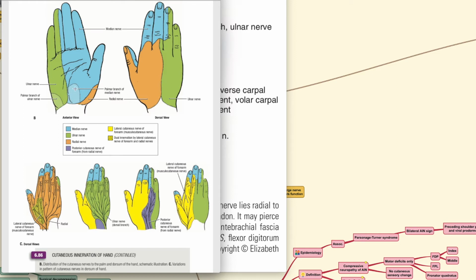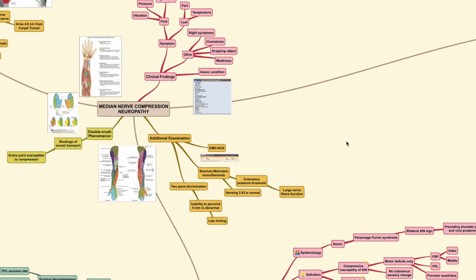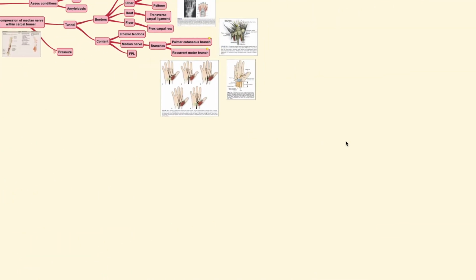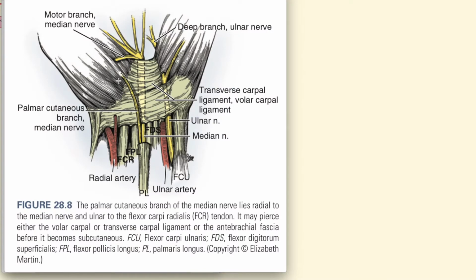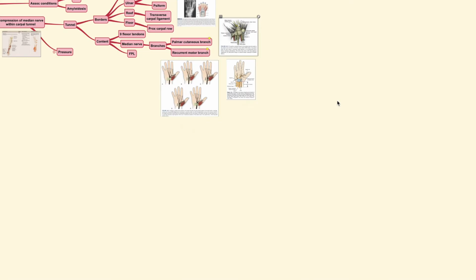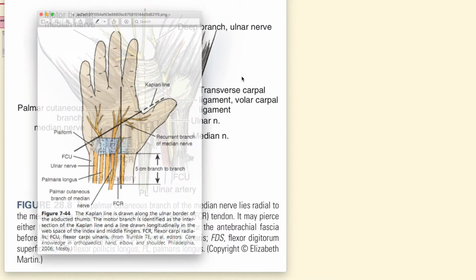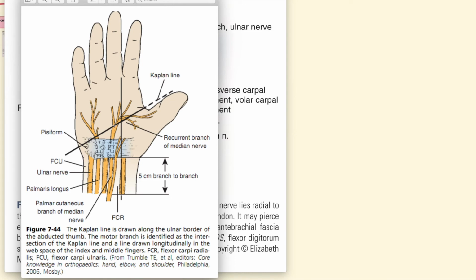You need to know that this area might be normal in carpal tunnel syndrome, because as you can see in this image, this part of the nerve goes outside, or volar, to the transverse carpal ligament. Therefore, if you do a physical examination for carpal tunnel syndrome and you are touching the thenar region, then you're probably doing it wrong, because that area may be normal while other areas over at the digits will show abnormalities.